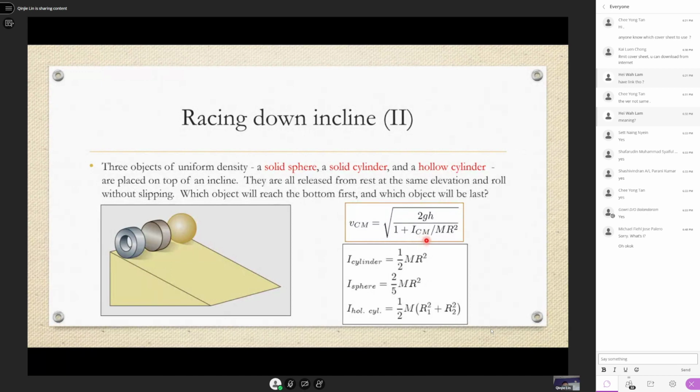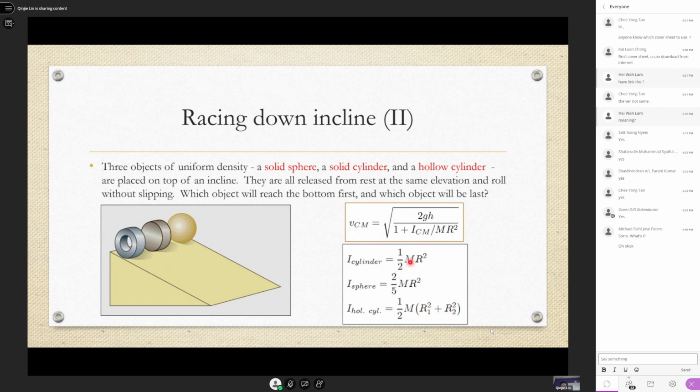So the higher the moment of inertia, the slower it will go. That means it will take the longest to reach the bottom. So you have to compare your I cylinder, I sphere, and also the I hollow cylinder. From here, you can straight away see that the hollow cylinder has the highest I amongst them.